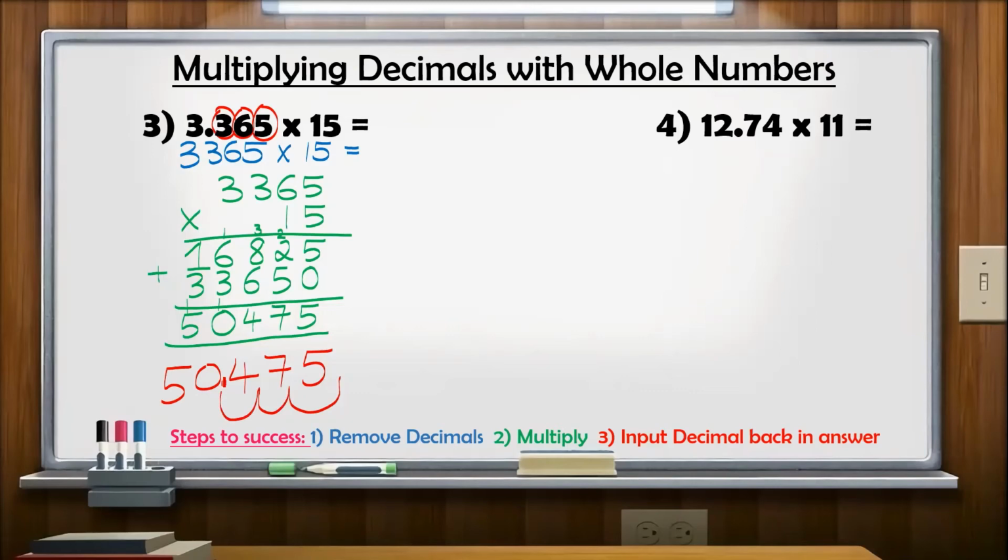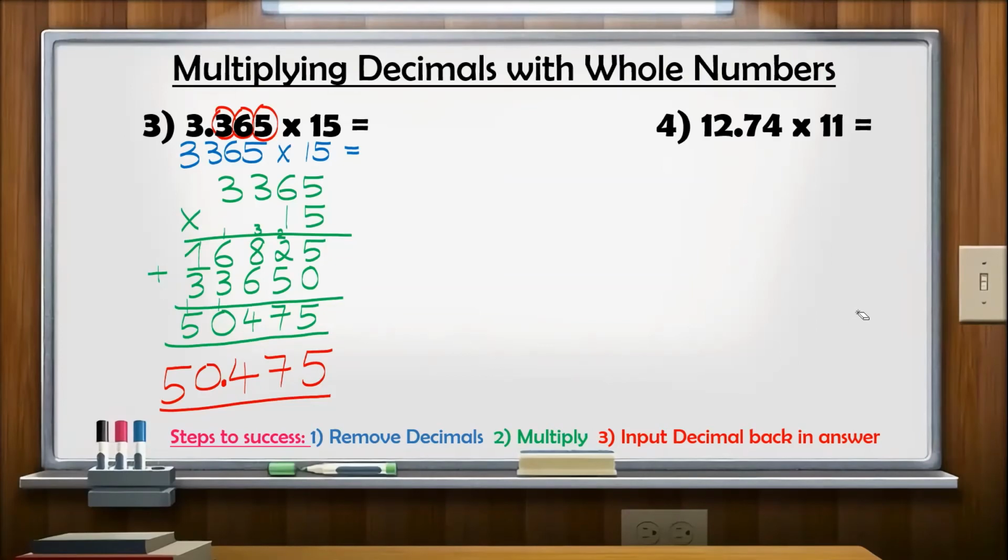So I'm going to insert my decimal point between the 0 and the 4 like this, which leaves us with the final answer for 3.365 times 15 as 50.475.